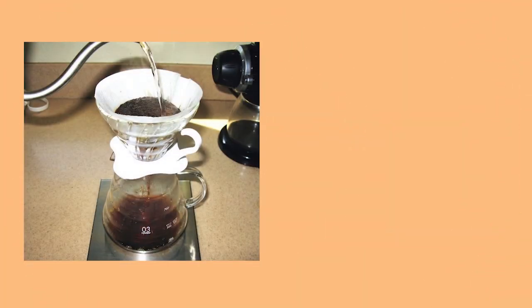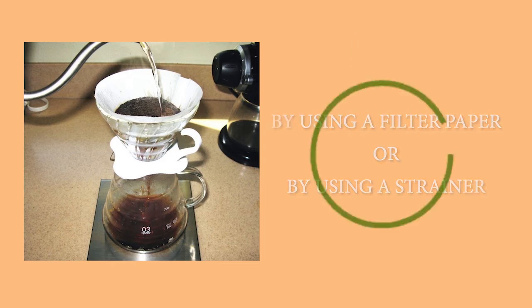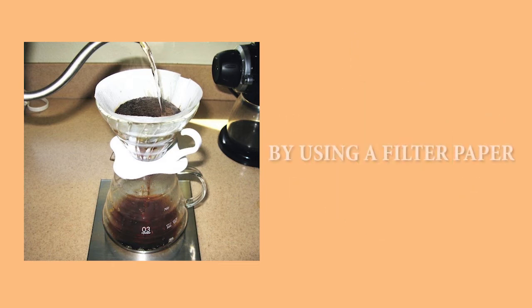How are the mixtures of coffee solid particles and water separated in brewing a coffee? By using a filter paper, by using a strainer, by using a filter paper.